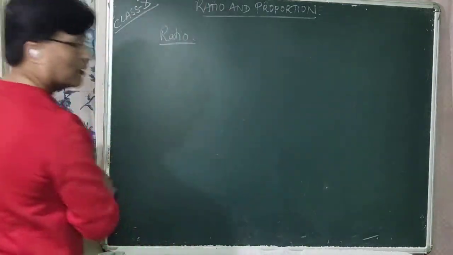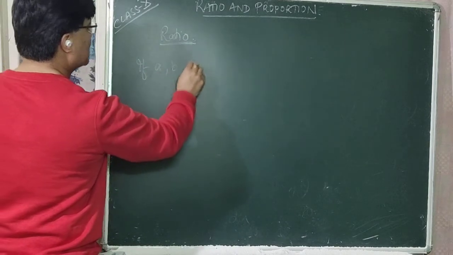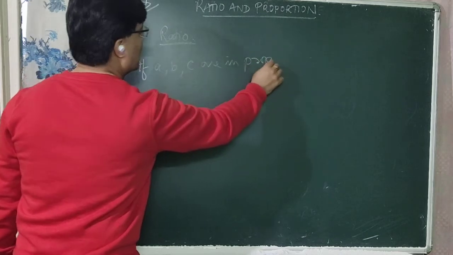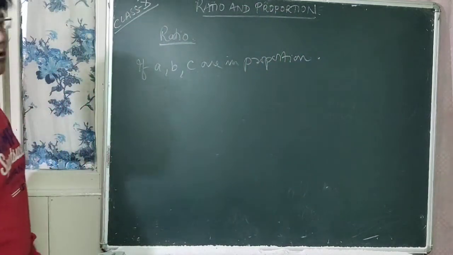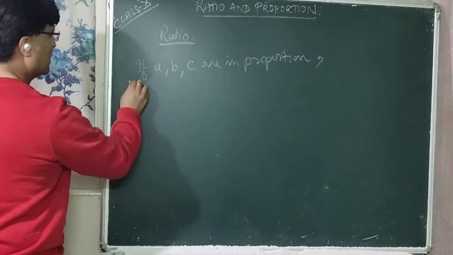Suppose the 3 numbers A, B, C are in proportion. Then what can you write?